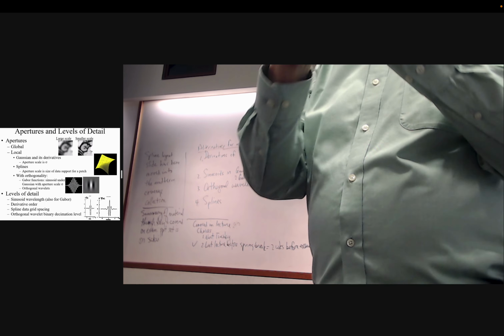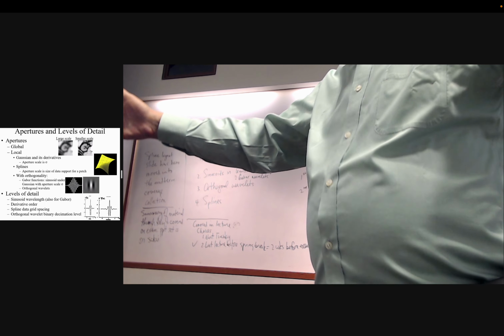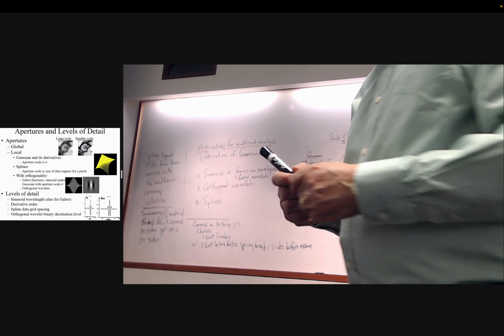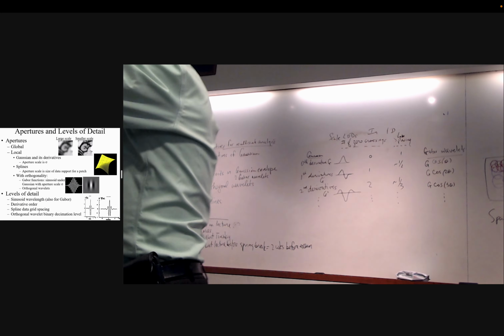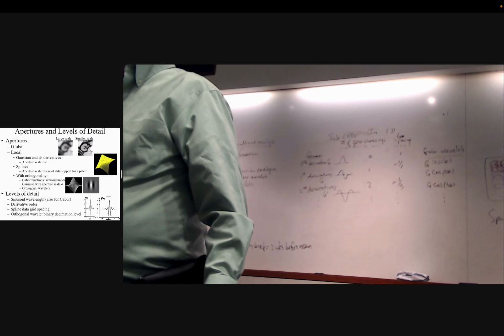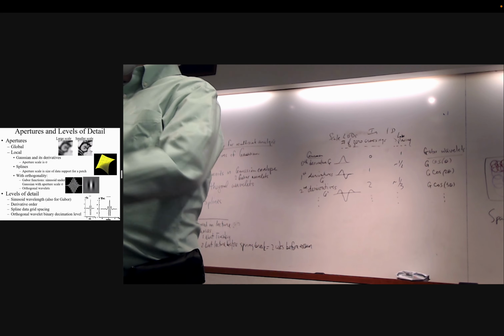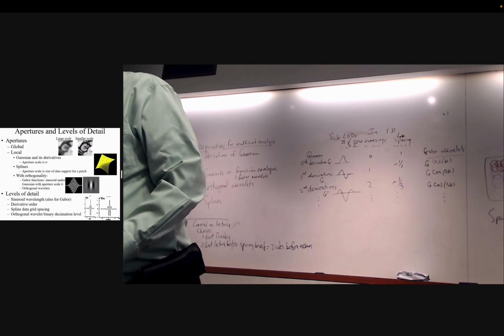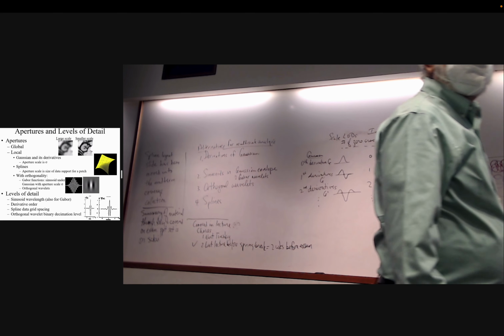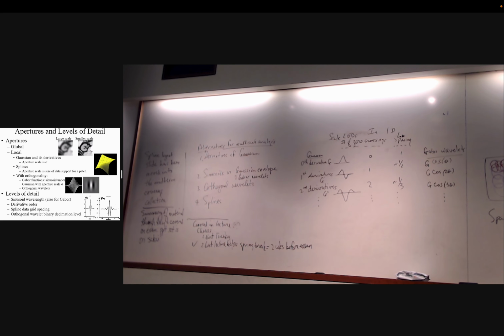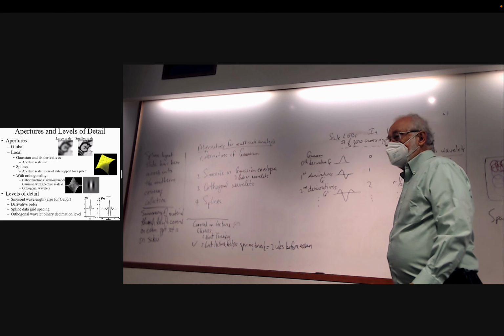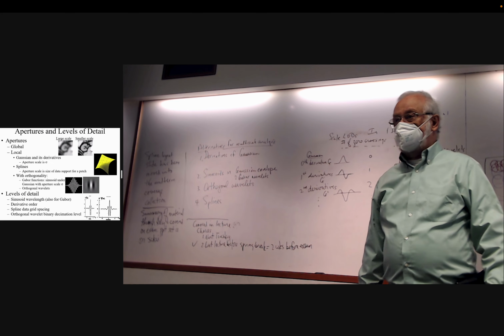The basic thing I want you to understand is this issue of aperture size, which in the case of a Gaussian is the width of the Gaussian envelope, if you will, and there are levels of detail. Now, one of the important options that we have talked about is the Gaussian derivatives as levels of detail.